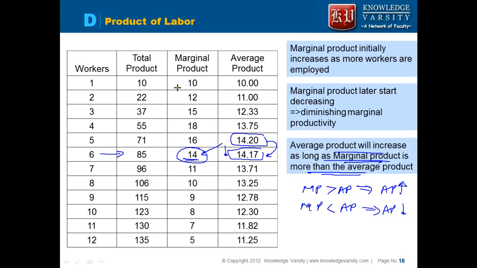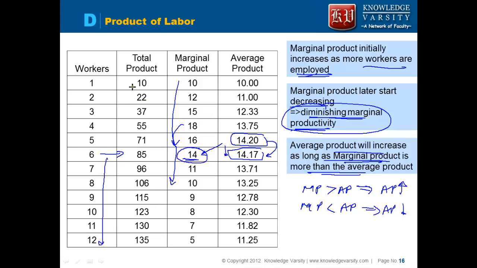And what we see is initially your marginal product is increasing, okay, as more and more people are employed. Then later you find that the marginal product starts decreasing. Okay, it explains a concept which is called diminishing marginal productivity. That is, the marginal productivity of the worker is decreasing as you hire more and more workers.